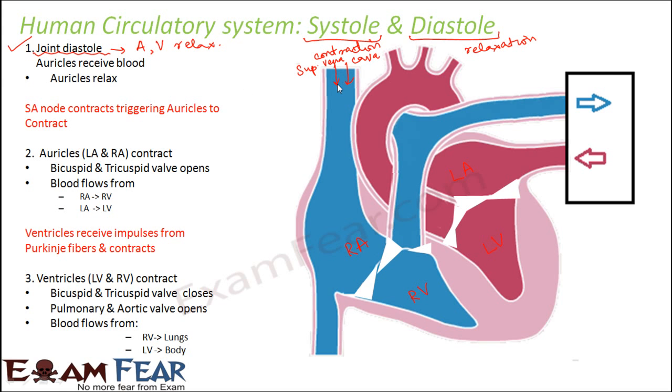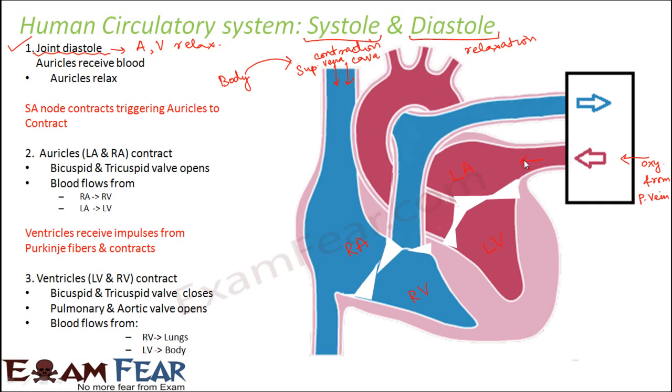So this comes from different body parts. So this is actually coming from different parts of the body. So this vena cava is carrying the deoxygenated blood to the right auricle. And what about the left auricle? The left auricle is receiving oxygenated blood from the pulmonary vein.